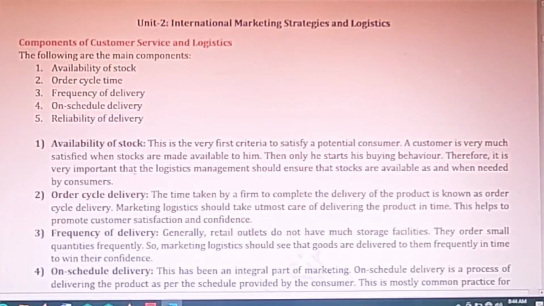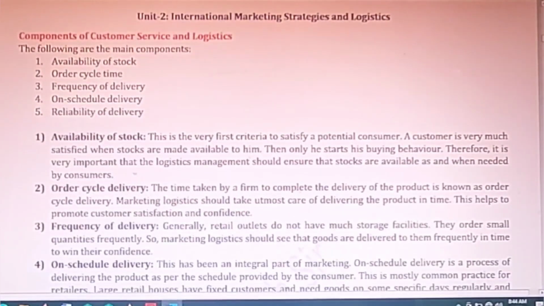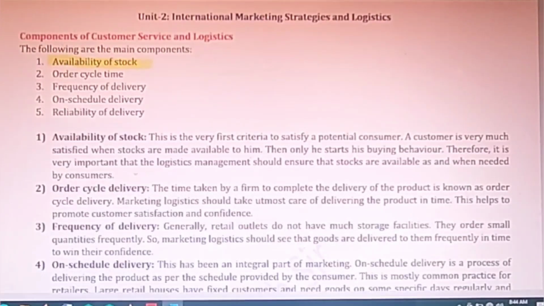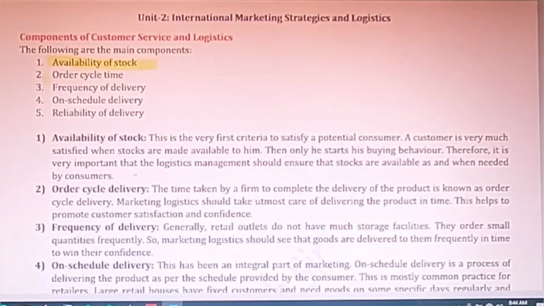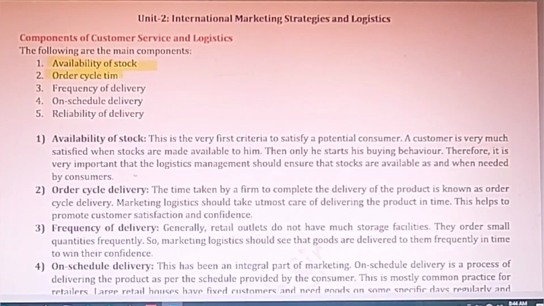The main components of customer service and logistics. That means to make the stock available in time to the customers. Order cycle time, that means when the supplier gets an order, in how many days, in what time it will complete the order. So that is called order cycle time.